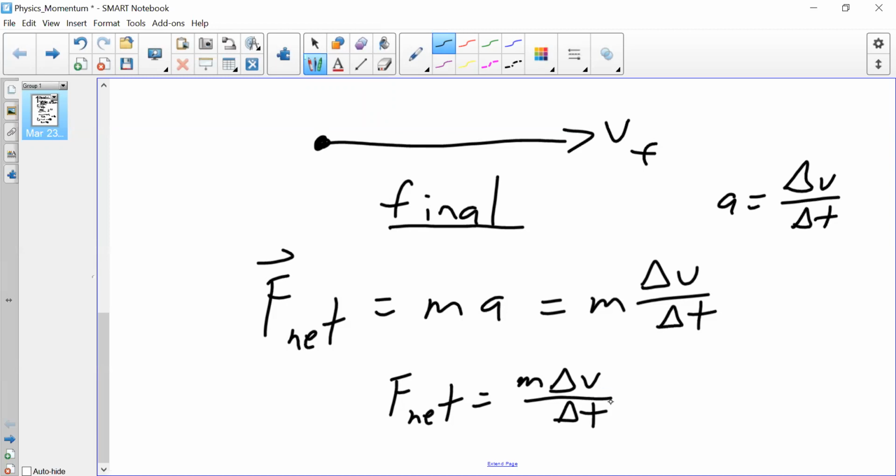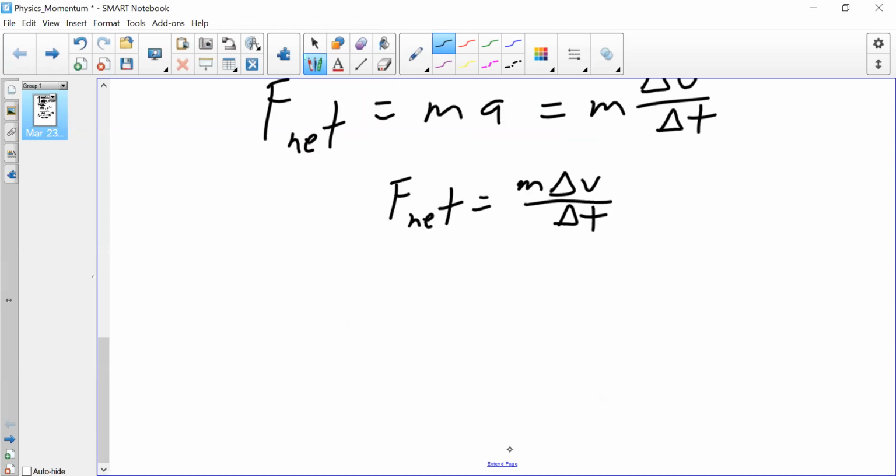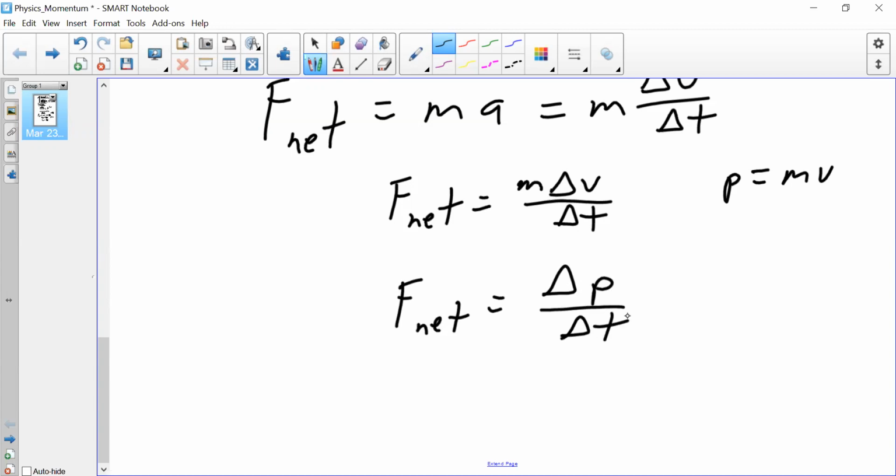So this equation here indicates that there's going to be some change in momentum over change in time. And why is that? Because we know that momentum by definition is P equals mv. So when we have m delta v, we've changed the momentum. We changed the momentum by the application of a force. So F net is going to be delta P over delta T.